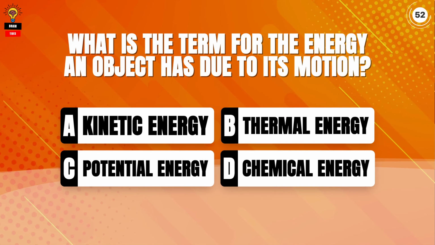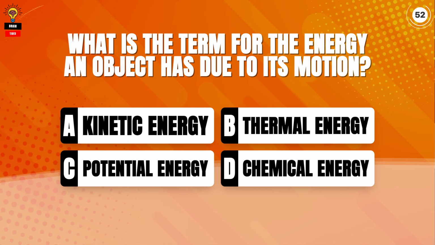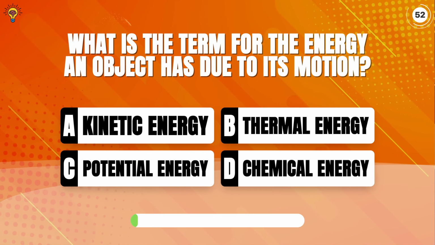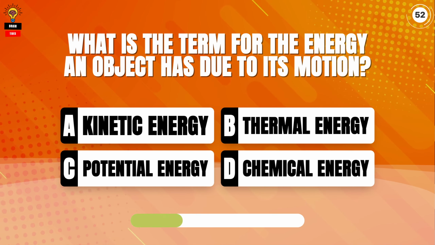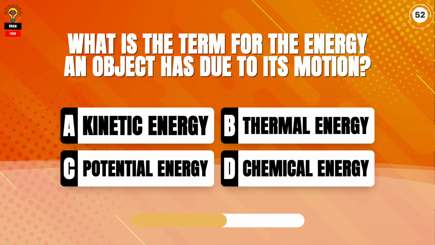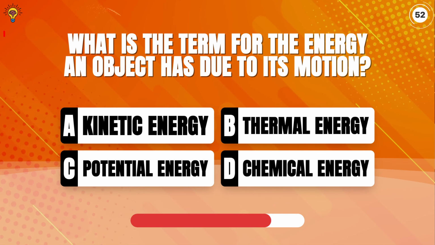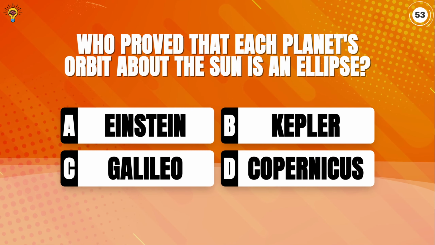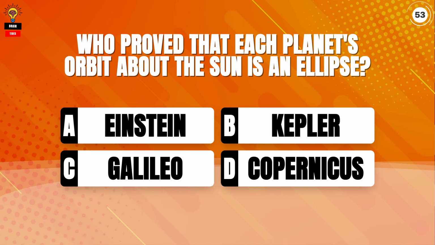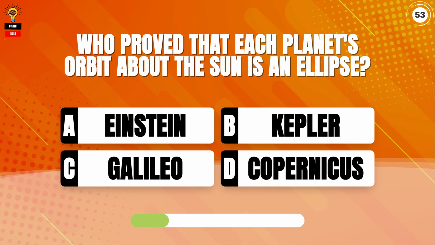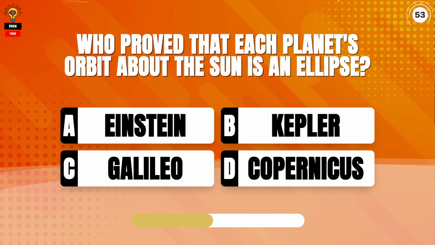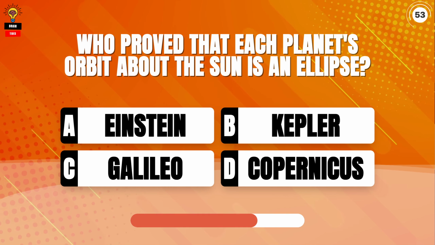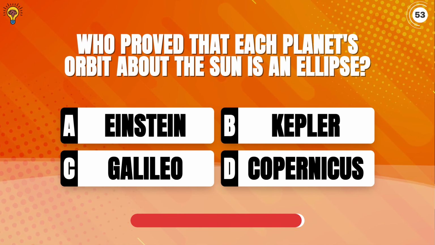What is the term for the energy an object has due to its motion? Kinetic energy. Who proved that each planet's orbit about the Sun is an ellipse? Kepler.